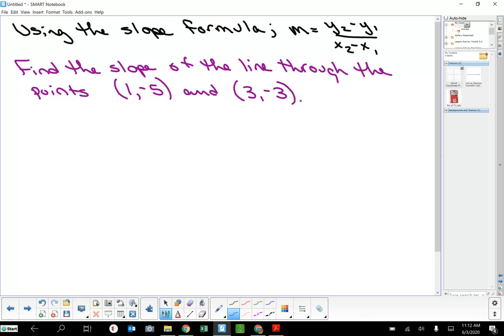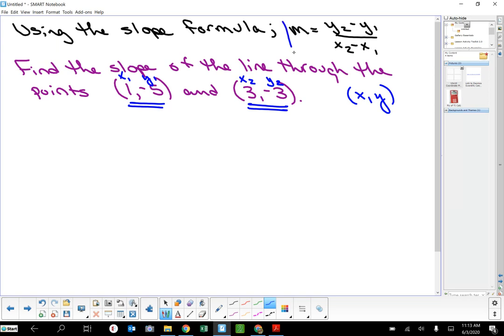Okay, so based on the formula, one thing I like to do is first label these things. So, how do you label them? Any ordered pair is an ordered pair xy, right? So I take the first point and just label this as x1 and y1 because it's the first set of xy's, and then take the second point and make that x sub 2 and y sub 2.